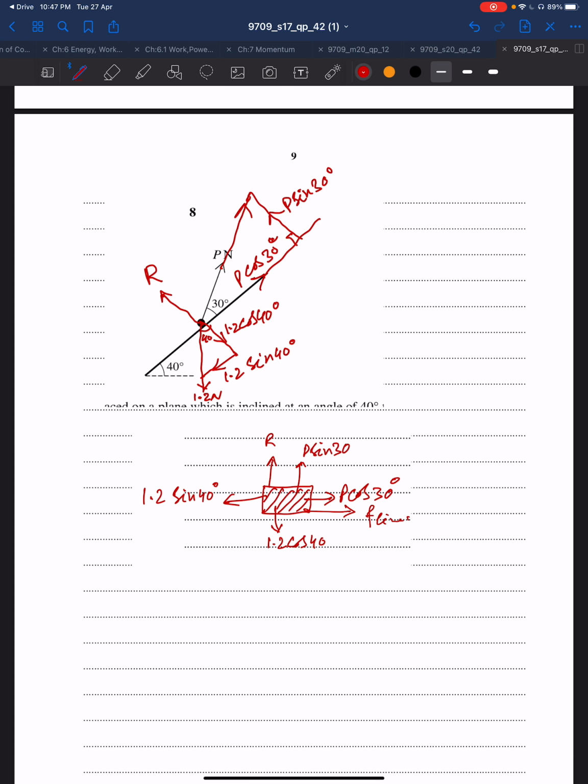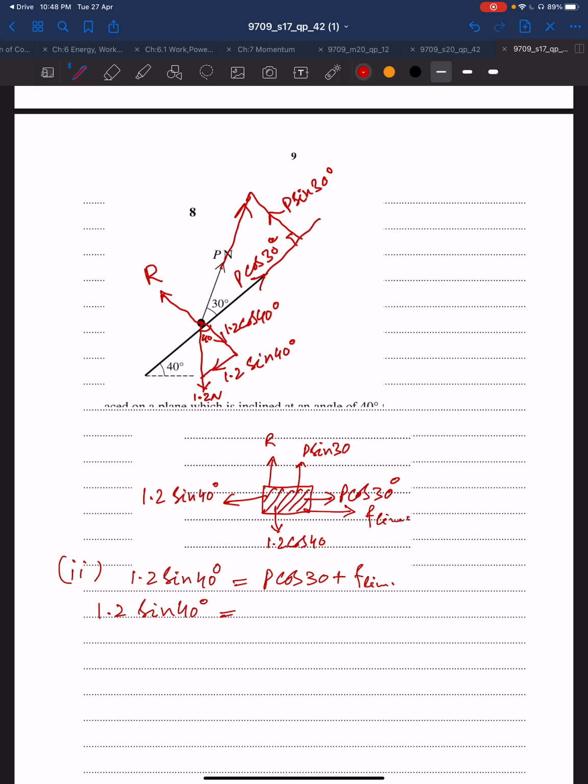Now the second situation will be 1.2 sine of 40 degrees is equal to P cos of 30 plus friction.